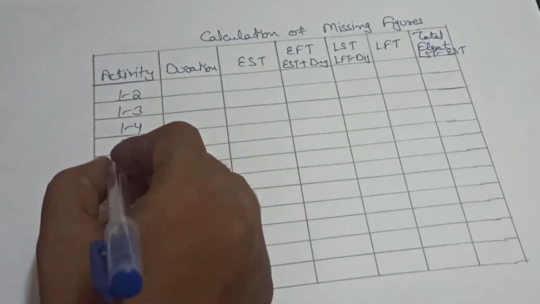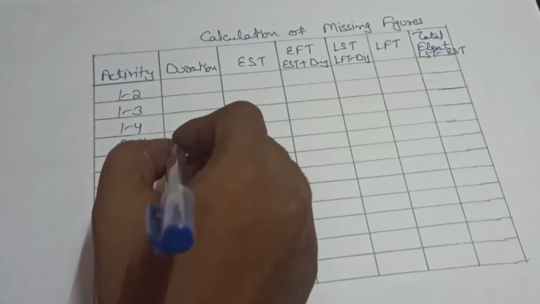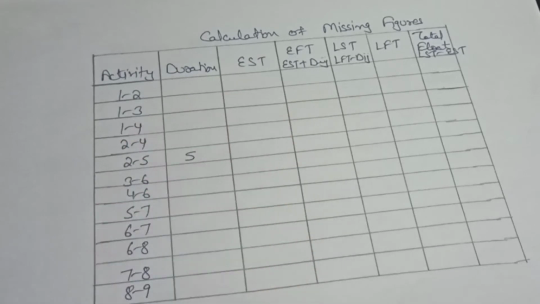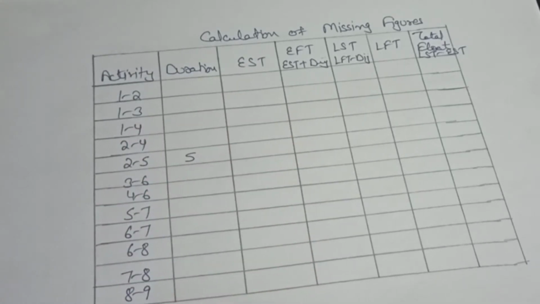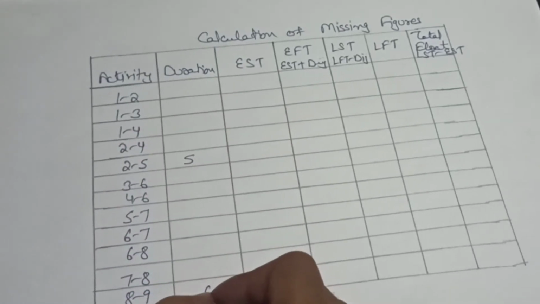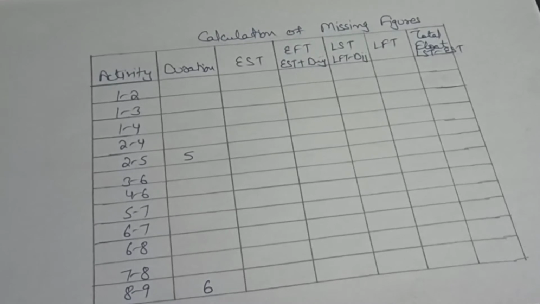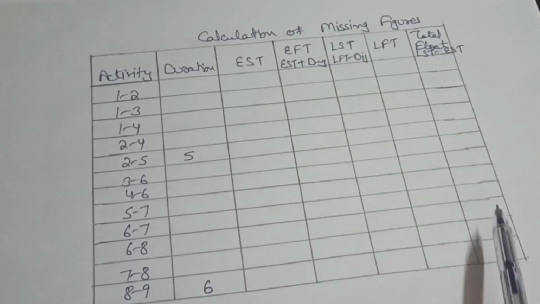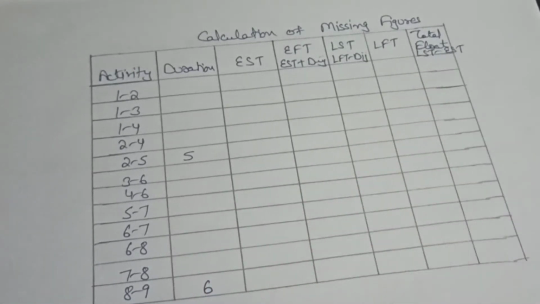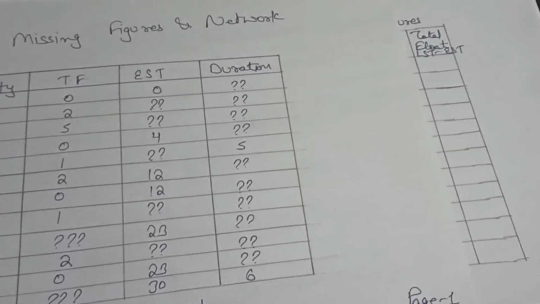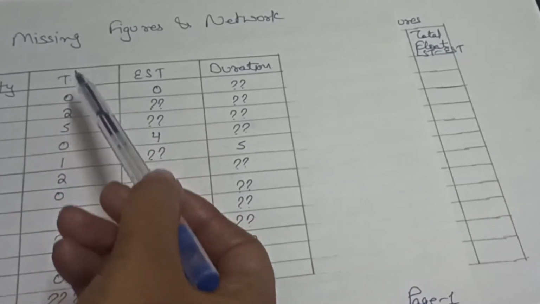As you know, for activity 2 to 5 we have duration 5. And for the last activity 8 to 9, duration is 6. We will write here the given figures. So first of all we will write in the column of total float. As you can see we have this column total float.